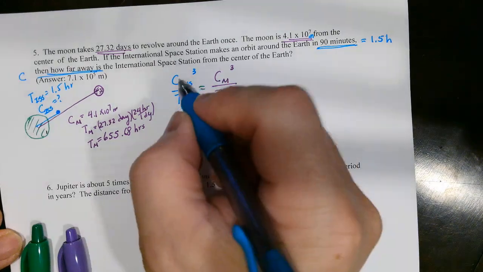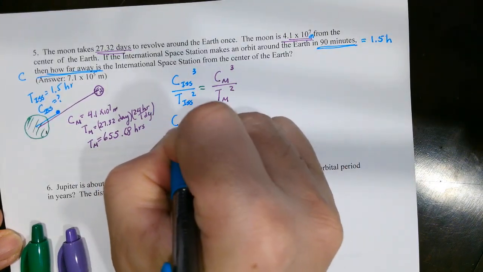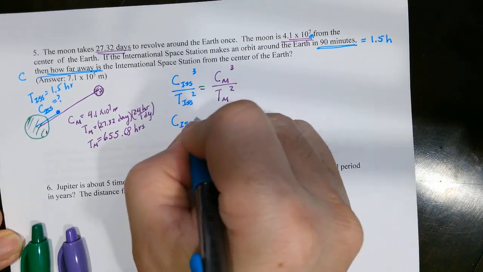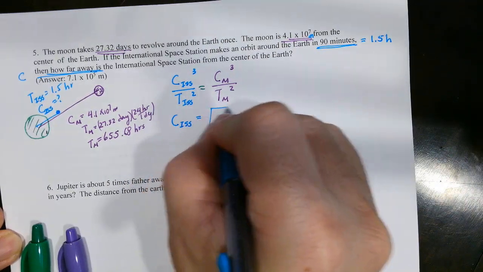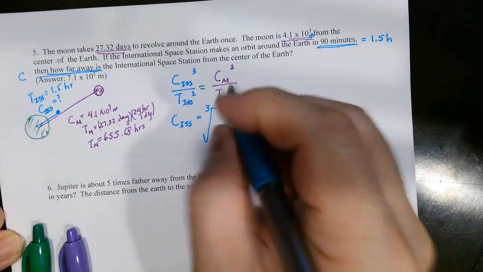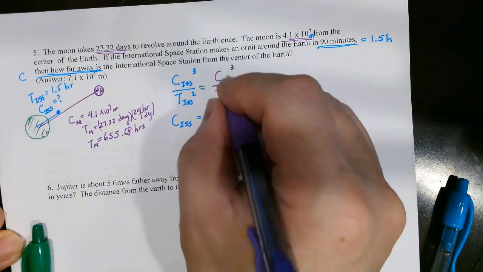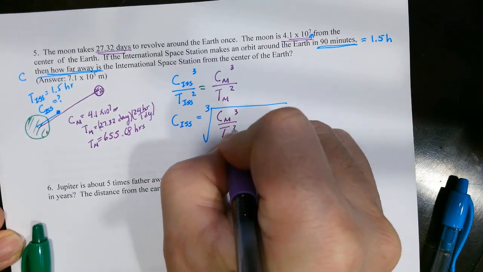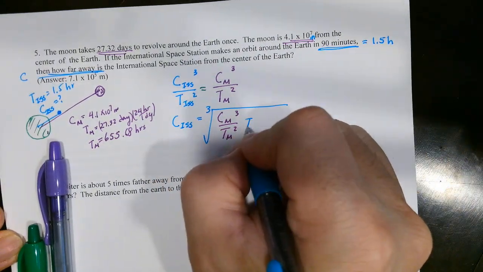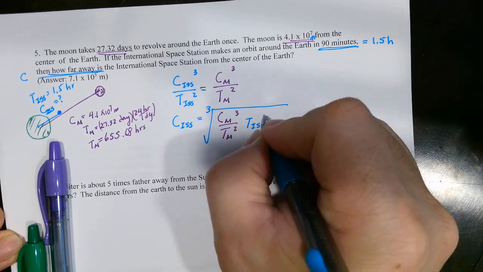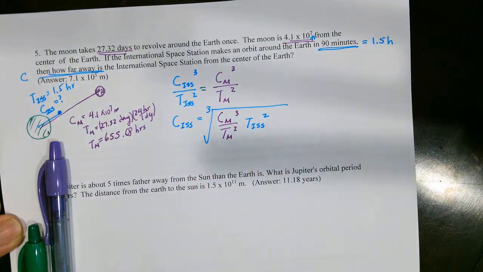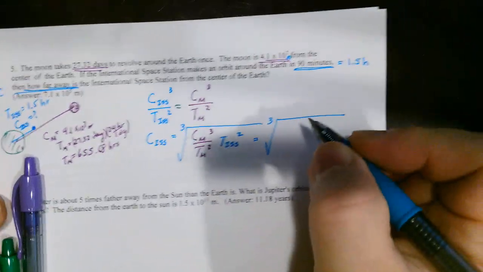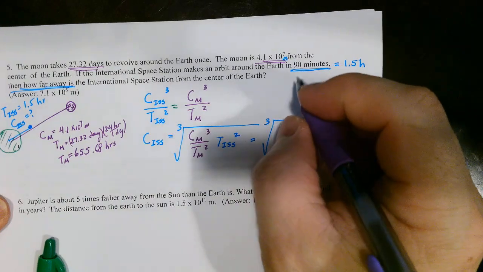We are looking for C ISS, which is equal to the cube root of C moon cubed over T moon squared times T ISS squared.